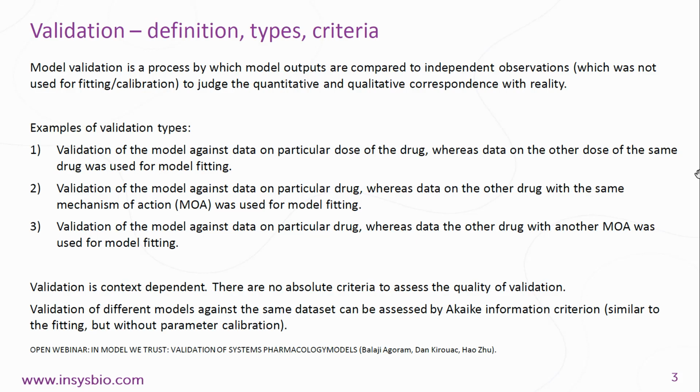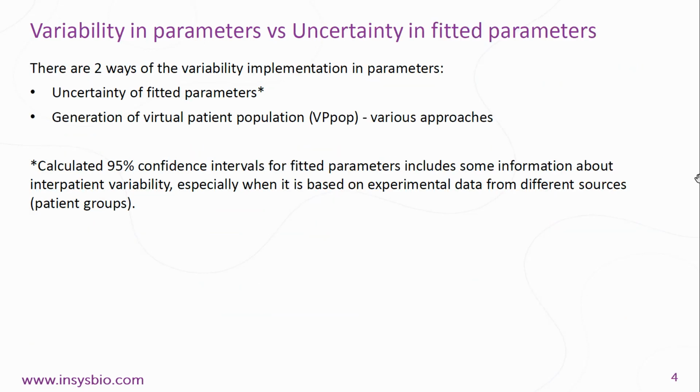So, in general, validation is another very complex and interesting question in QSP modeling, and should be discussed, of course, separately. I just would like to mention the open webinar that was held a few months ago regarding the validation of systems morphology models.